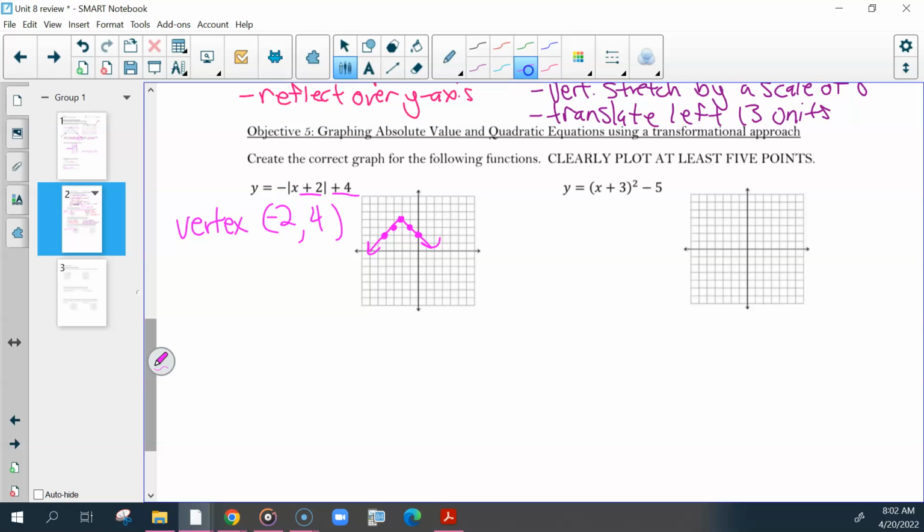And then your next one, for your vertex you're looking at the same places, this inside and this outside number, and doing the opposite for the inside, so that would be a -3, but keep the outside the same, -5.